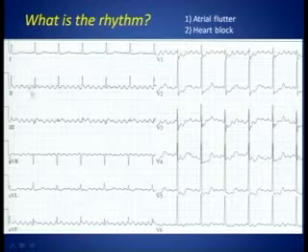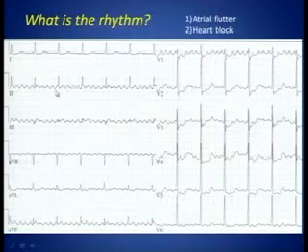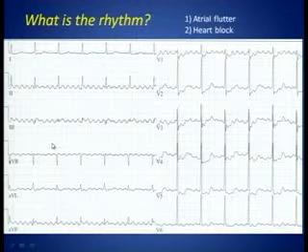So now I'm going to look here. I see this flutter wave, and I compare it to this QRS. And now I look here, and it's different. So once I've established that both the atrial and ventricular rhythms are regular, I look to see if the relationship between each atrial activation and each ventricular activation is constant.